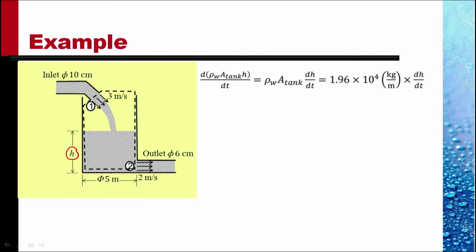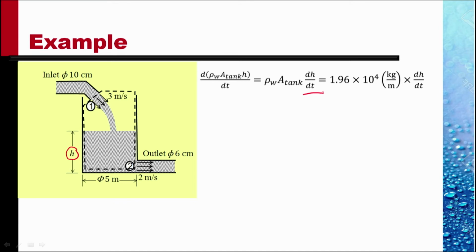This is expanded as rho W A tank into dH by dt. Plugging in the value of rho W and A tank, I get 1.96 into 10 to the power 4 kilogram per meter into dH by dt. This is the rate of accumulation of water in the tank.